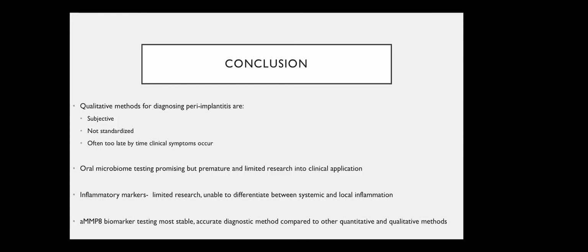I'm able to give a number to the patient and say, okay, your level is 60 and we want you to get down to 20. This is how we're going to get you down to 20. And you create a treatment plan. I think, in my opinion, this is the future of dentistry and the way that we need to start diagnosing peri-implantitis and even peri-implant mucositis as well.